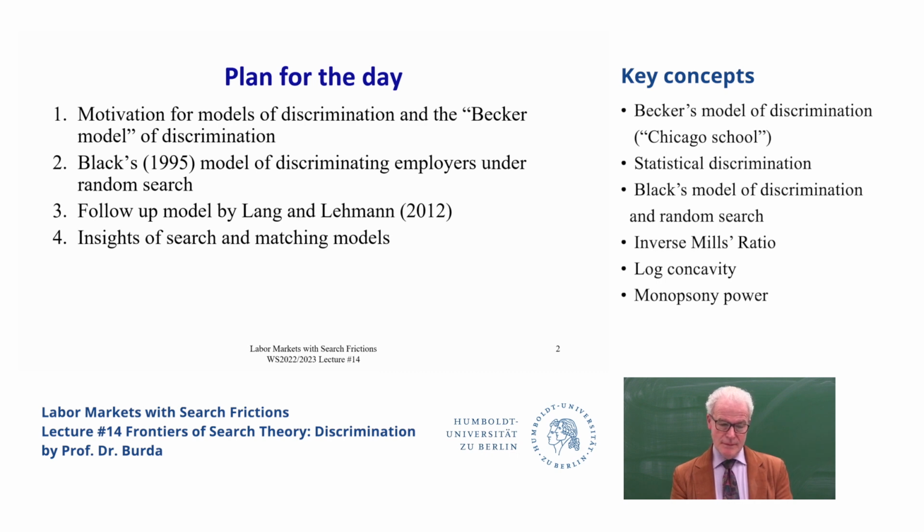So one of the appealing things that I've found is this model by Black in the 1990s actually gets at a point that it's a pushback on a point that was made by the Chicago School, which I will talk about. The Chicago School of thinking about discrimination, which is a fairly sanguine one, a pretty optimistic way of thinking about the market will solve the problem. And I'll tell you about that.